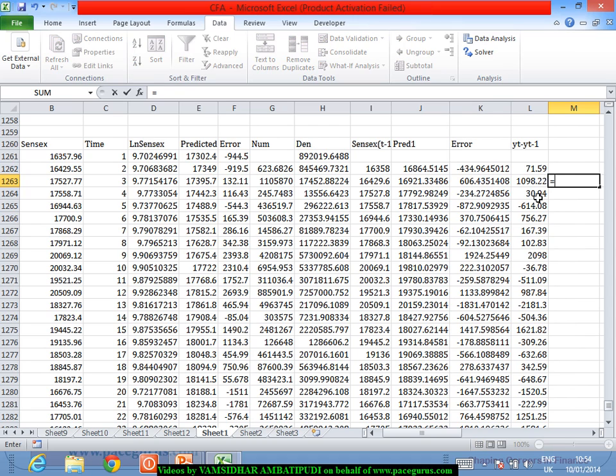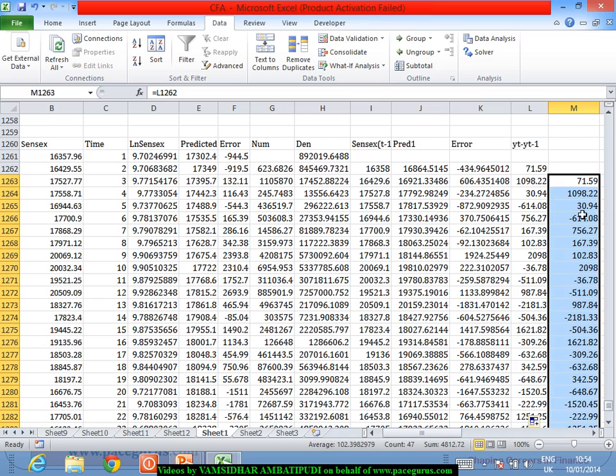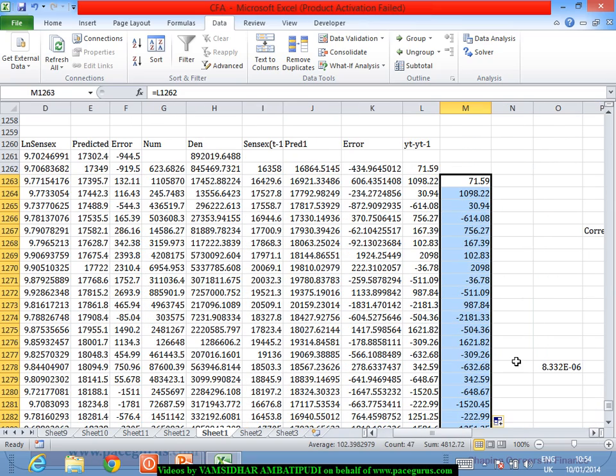So the independent variable will be taken as something like this, and a new regression equation would have been formed with these two things.